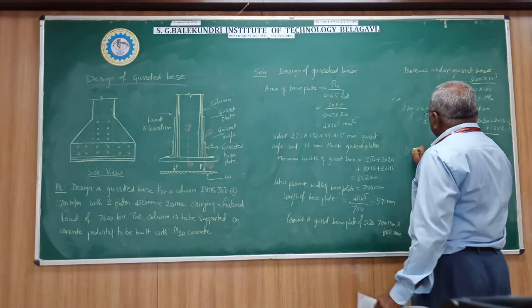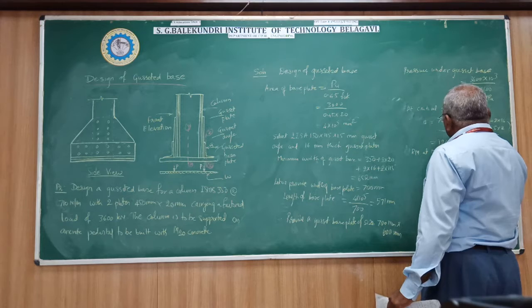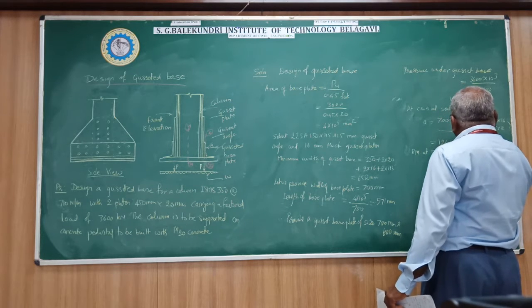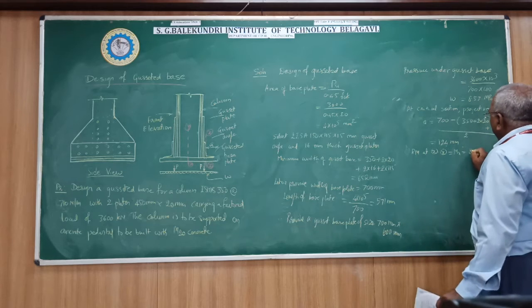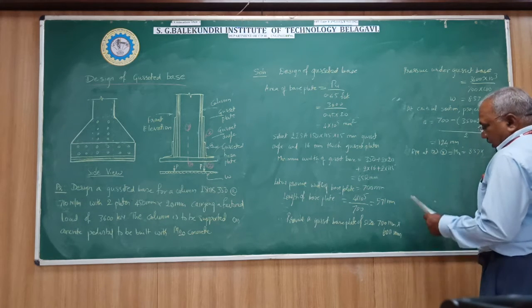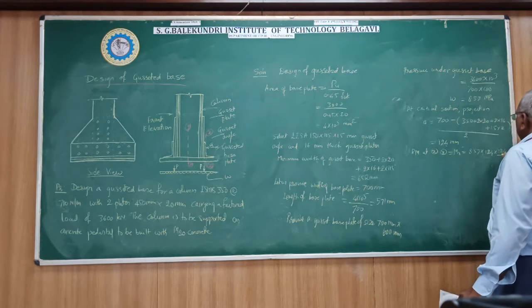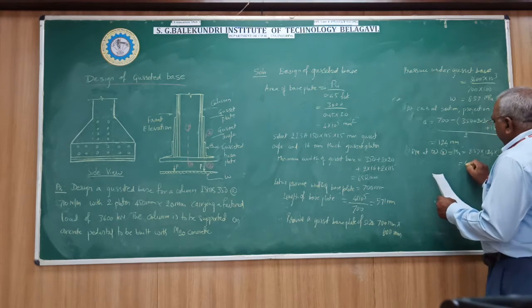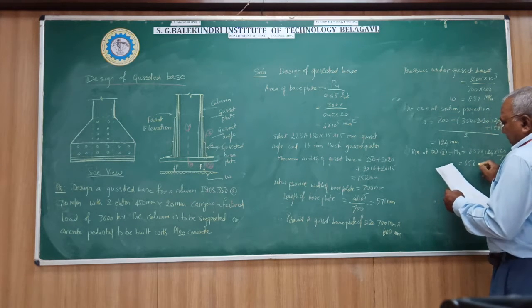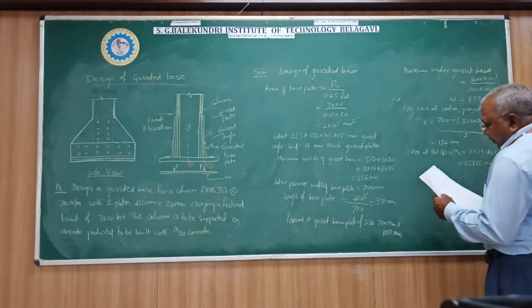So the bending moment at xx, Mx, equals the upward pressure 8.57 into 124 into 124 by 2. It is like a cantilever. So this is equal to 65886 Newton mm.